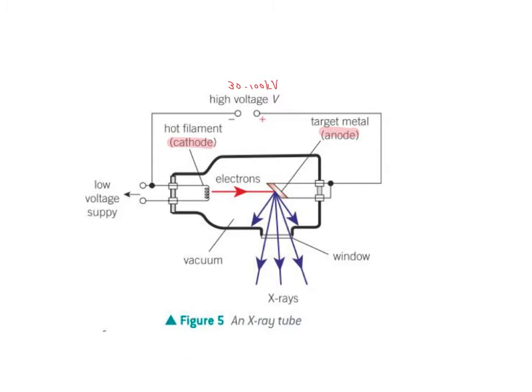It's also in a vacuum, so that the electrons do not interact with any gas atoms or molecules. And you have a window where the X-rays will be coming out from. And yeah, that's it. Basically, your filament is going to be your cathode, so that's connected to a different low voltage supply to begin with to heat it up and release electrons through thermionic emission.